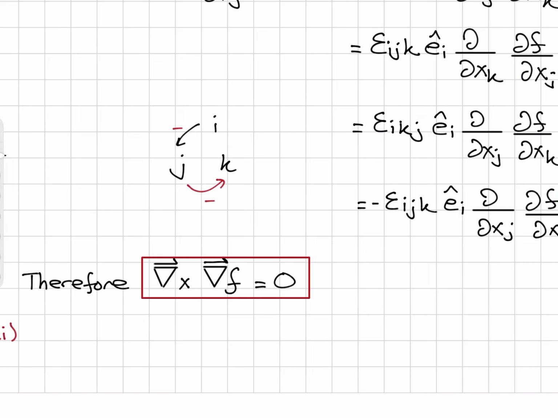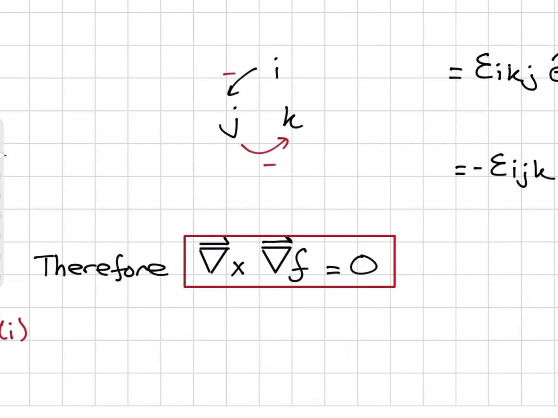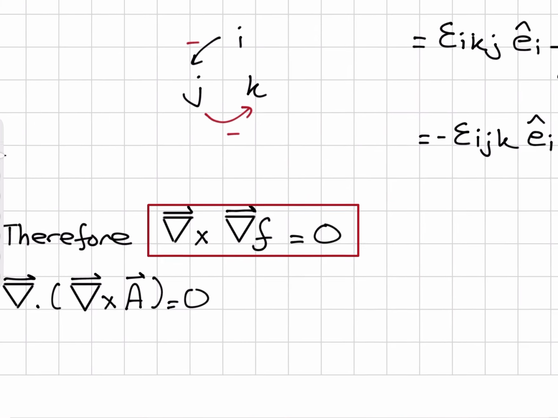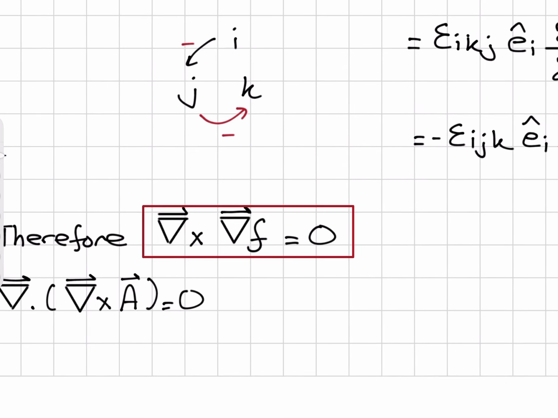And let's work on the second one, which is the divergence of the curl. Divergence of curl A. This must be 0. Okay, so using subscript summation notation for the del operator, I have del xi ei hat.